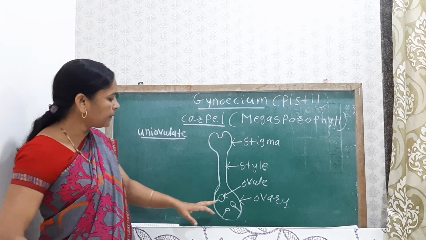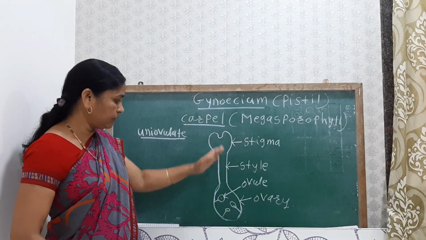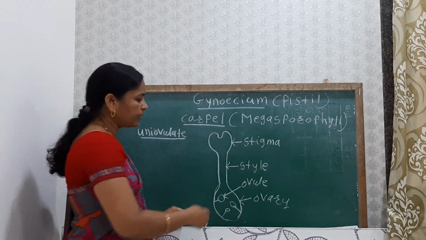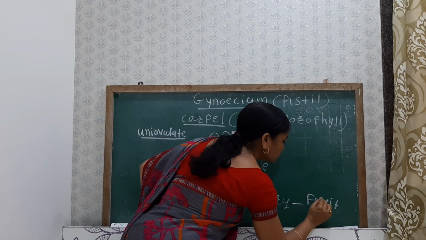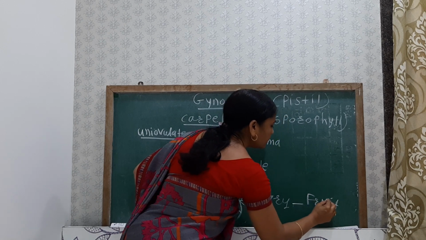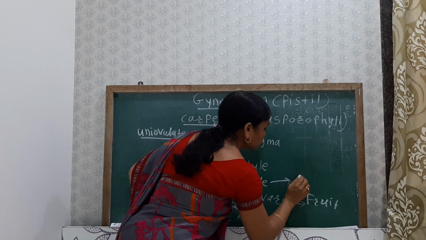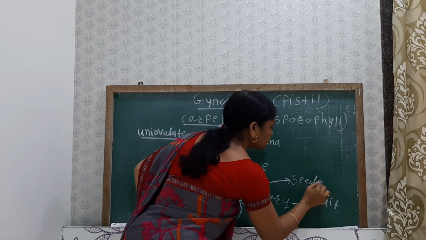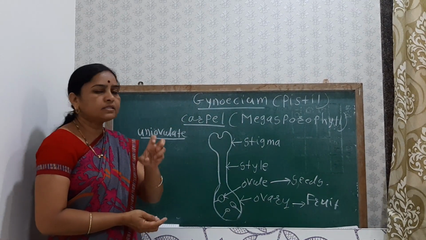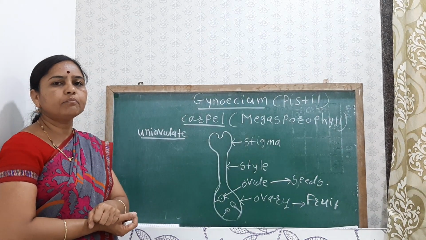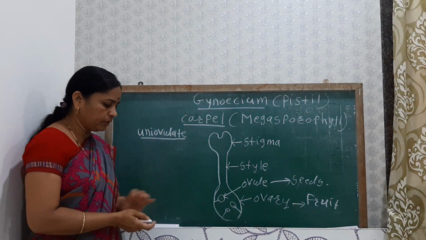After fertilization, from the ovary fruits are produced, that is the wall of the fruit, and from the ovule the seeds are produced. So in mango there is a single seed because a single ovule is present, the uniovulate structure.